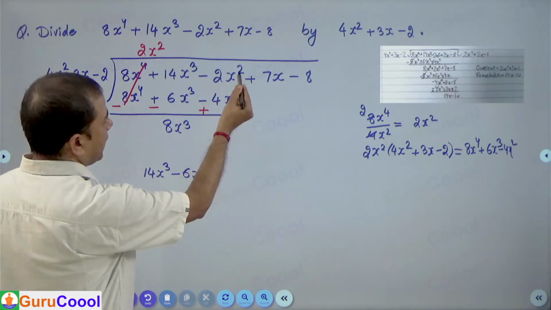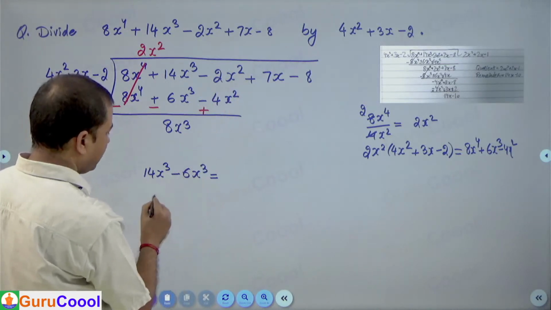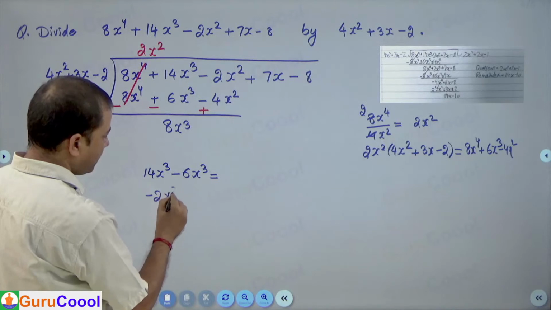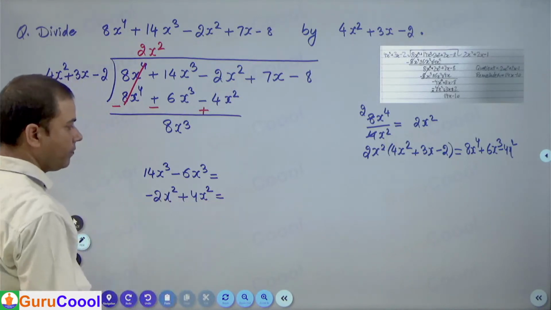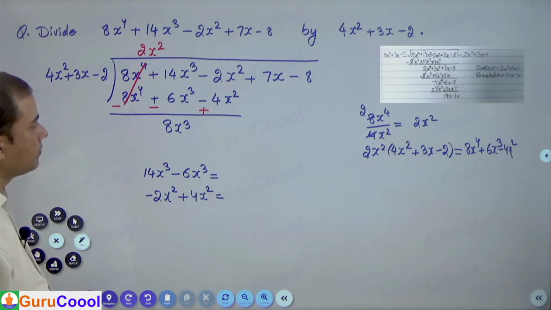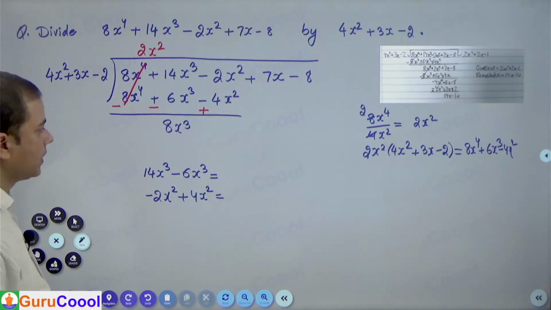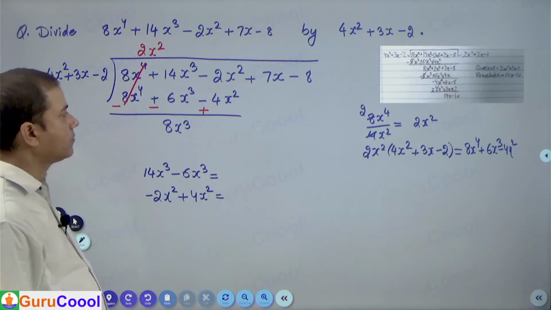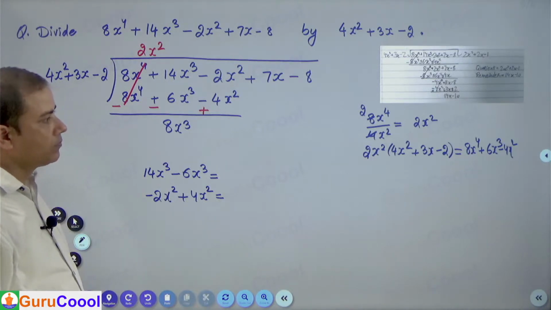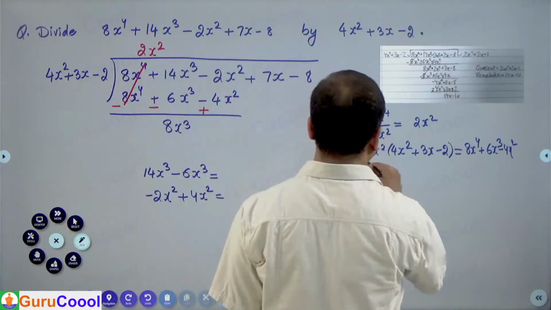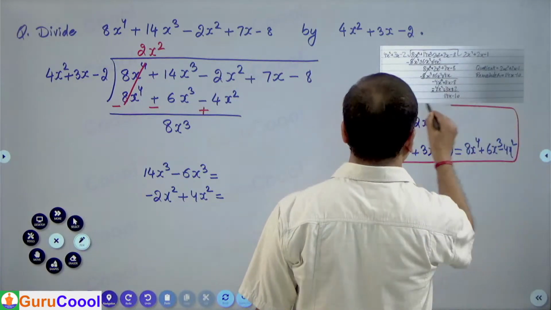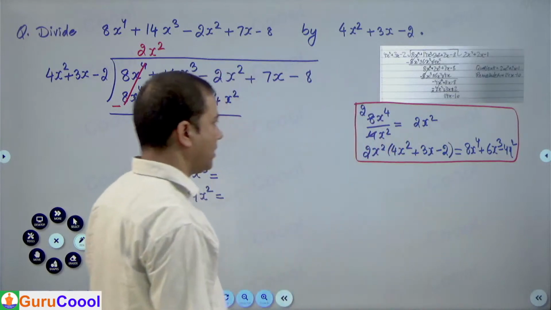Minus 2x square plus 4x square is how much? Sir, it will be 2. Plus 2x square. Why taking much time? You forgot addition subtraction.